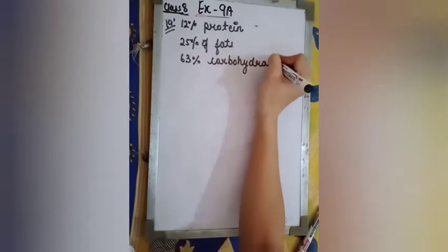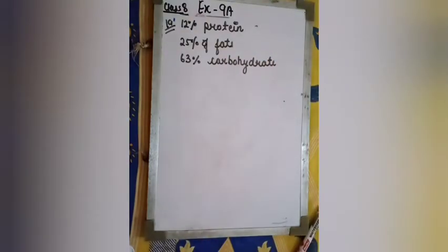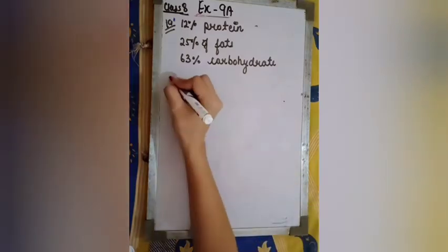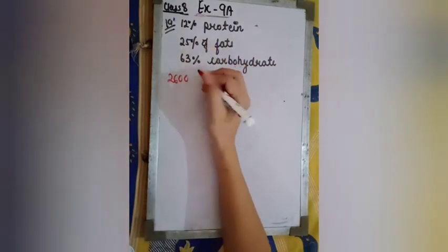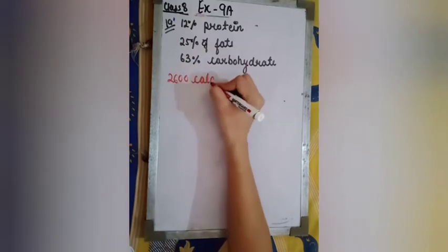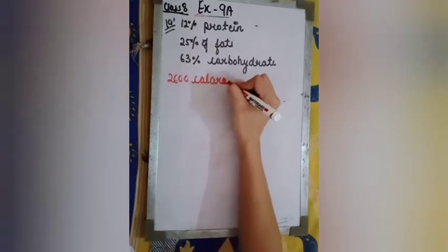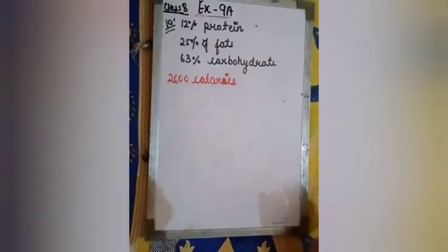Okay. Now they are saying a child need 2600 calories. Okay, this is the total calories a child needed.